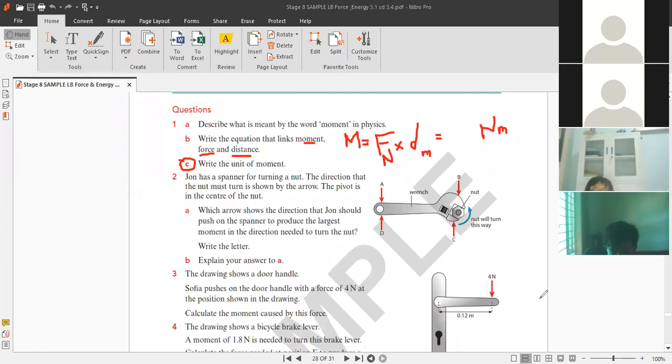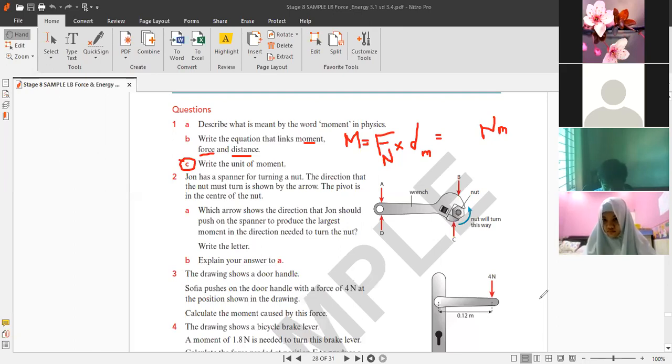Downward. Wait. Write the letter, A, B, C, D. Which arrow shows the direction that John should push on the spanner? So the one that shows where to press the spanner so that the nut turns like this one, it turns this way, right? So which letter? Which letter do you press with?